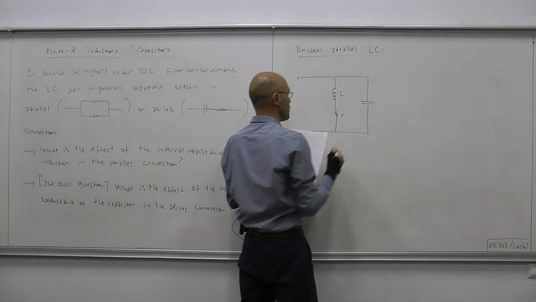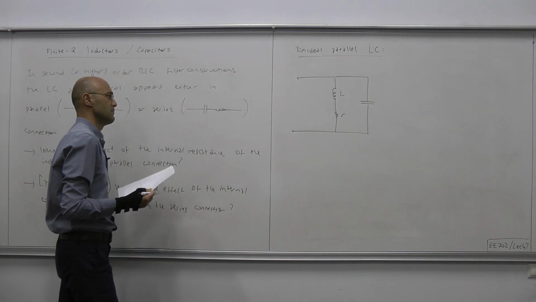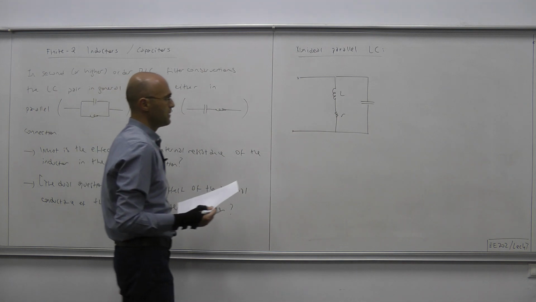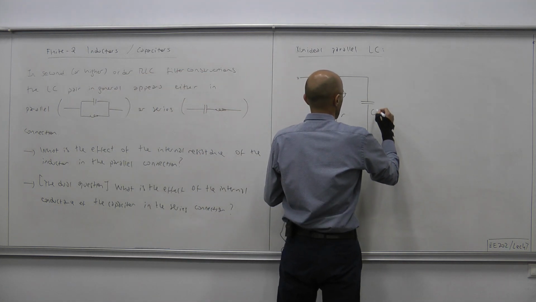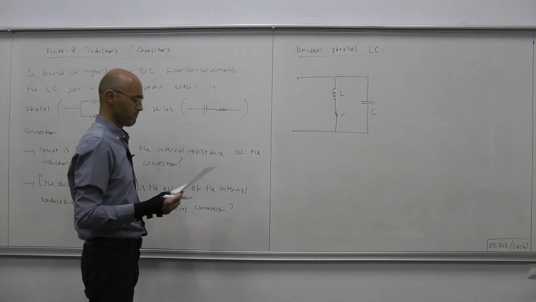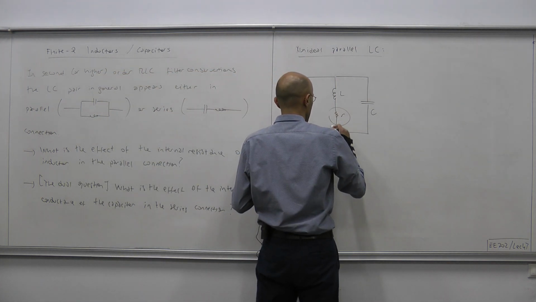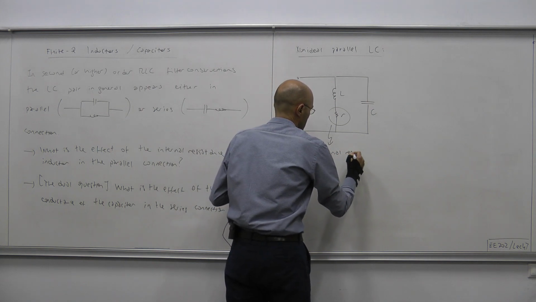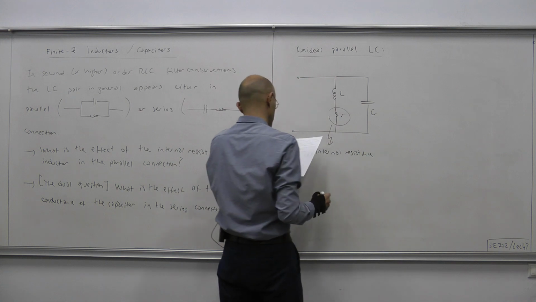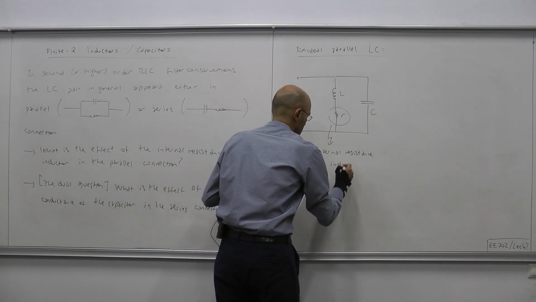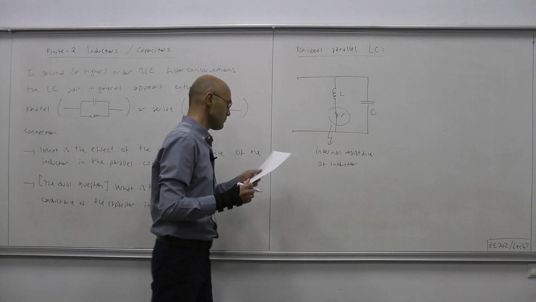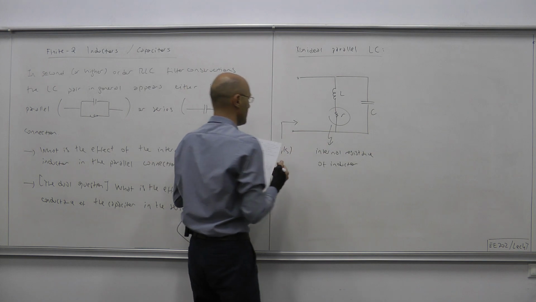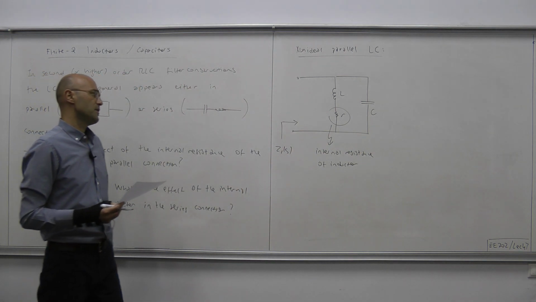This is the resistor that models the internal resistance of the inductor, and this is our capacitor. So let's call the equivalent impedance here Z1.